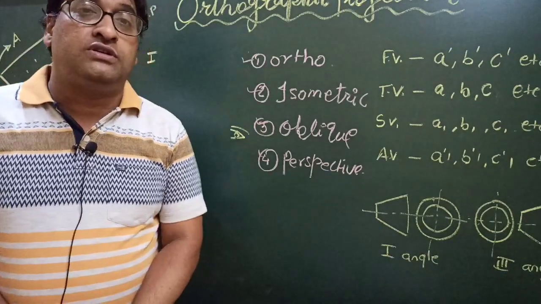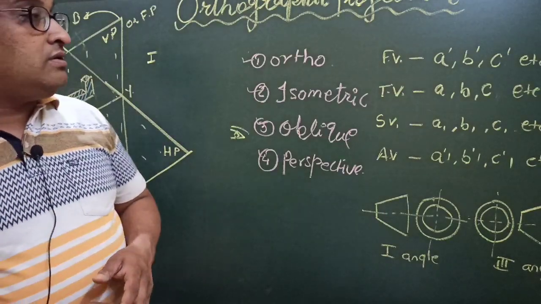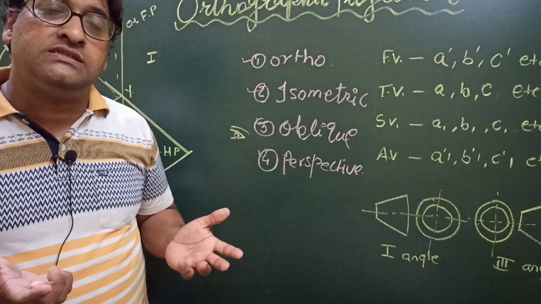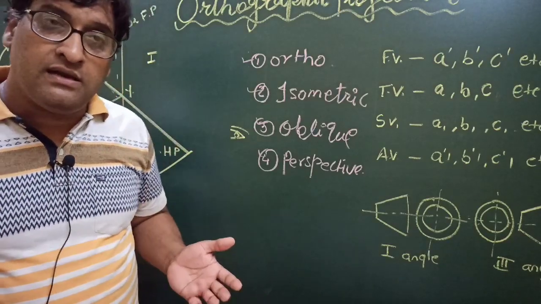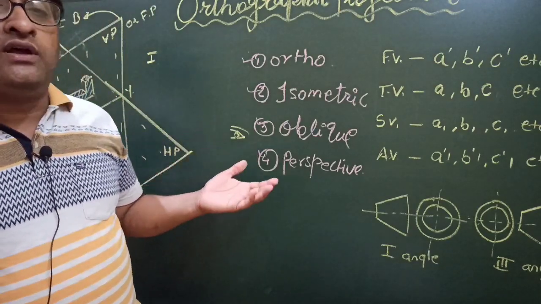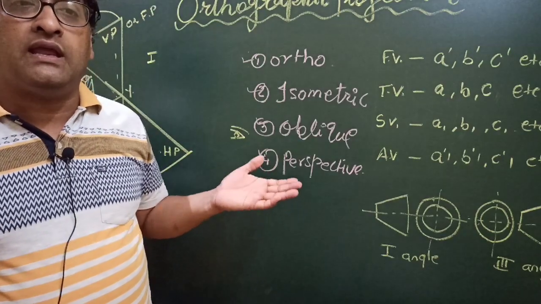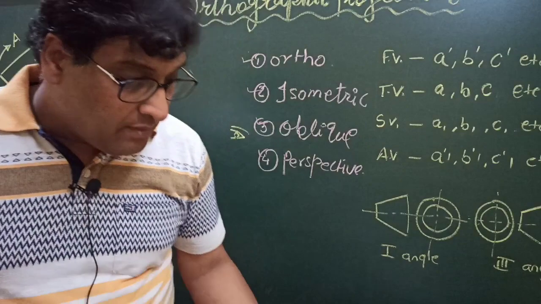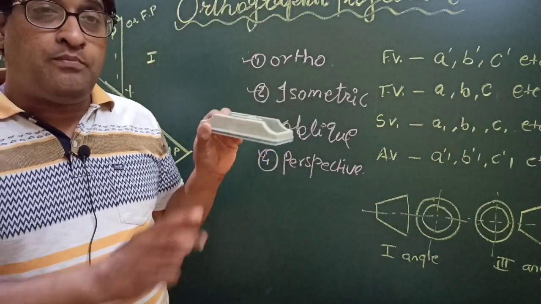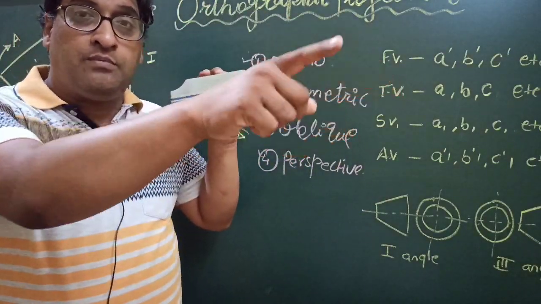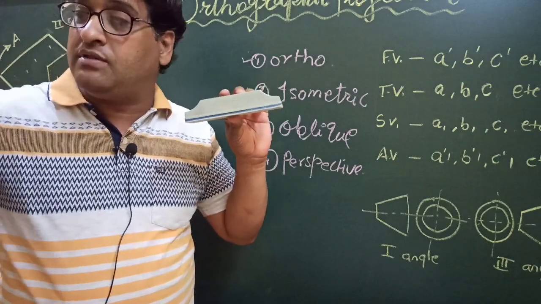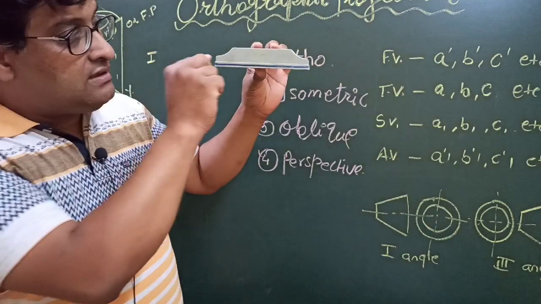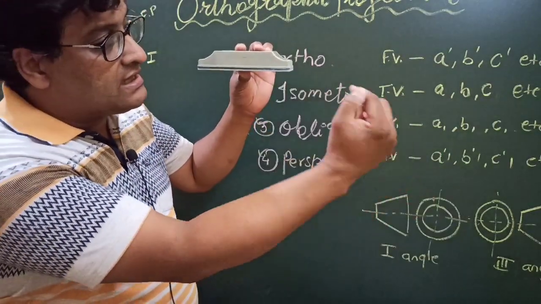In perspective projection, the objects are drawn as they are visible from a distance, from a certain angle. It is shown on the drawing sheet with that particular angle and with that particular shape and size of the object. Say if I am talking about this duster, a person who is sitting this side, a person who is sitting in front, and a person who is sitting on the left side of this object, will see it from different angles.